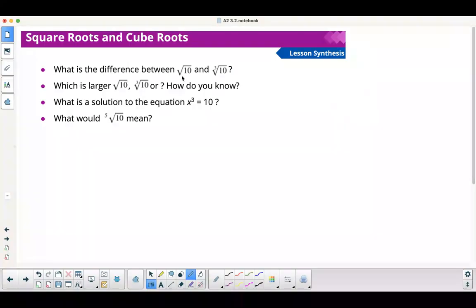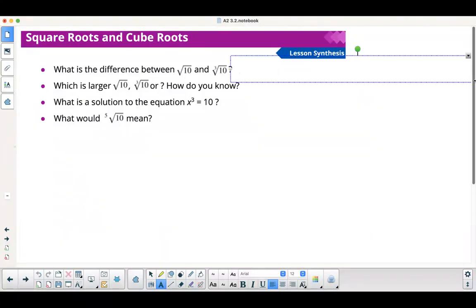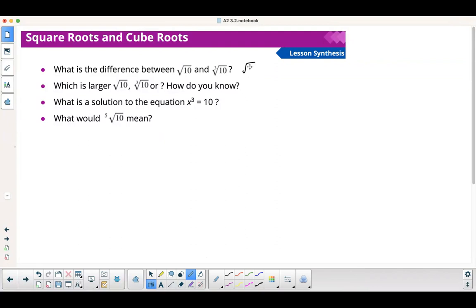So what's the difference between the square root of 10 and the cube root of 10? Square root of 10, okay, so let's do this, is what number squared equals 10?